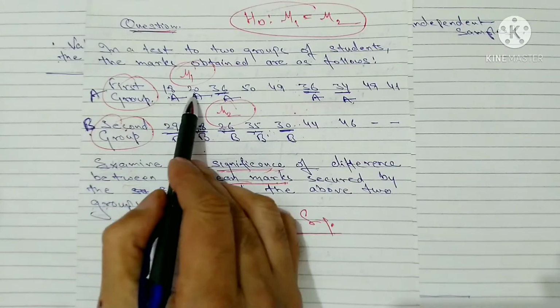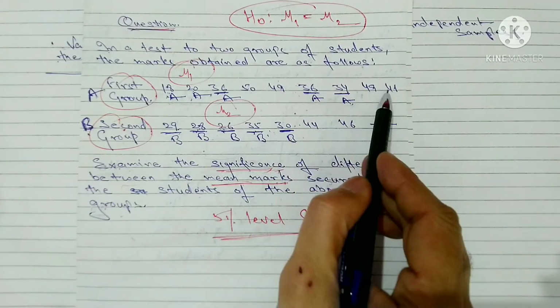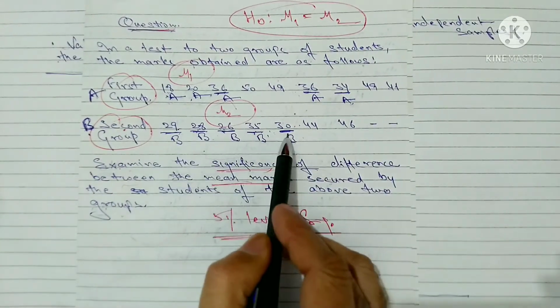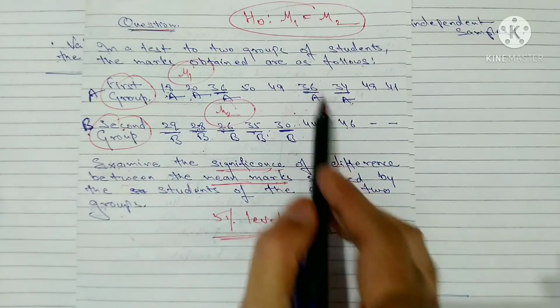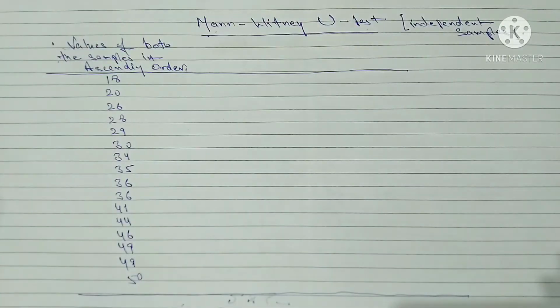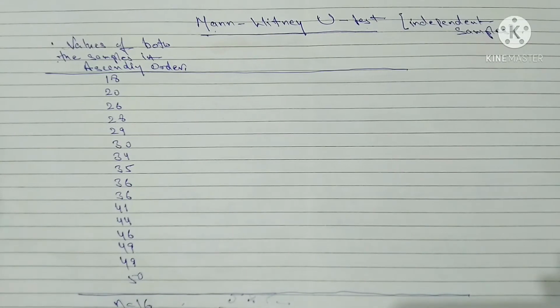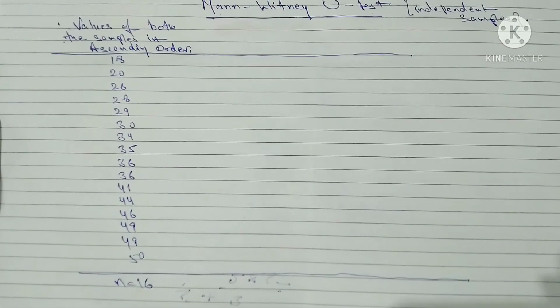Total values are 9 in the first group and 7 in the second group. 9 plus 7 is 16. Therefore, n equals 16.